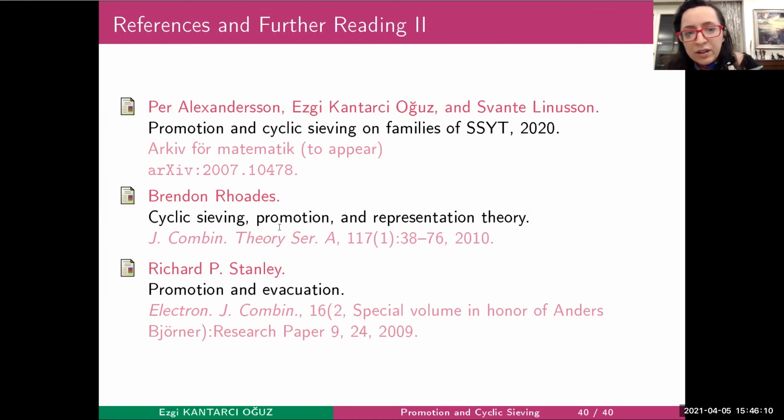And Brandon Rhoades' paper, this is the main paper where he did the rectangular tableau case. So I guess that's one of the most important papers in the subject. And this is Stanley's promotion and evacuation, where evacuation is repeatedly applying promotion. Yeah, thank you.